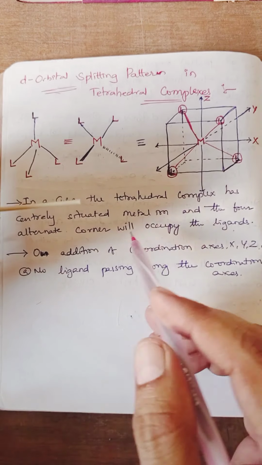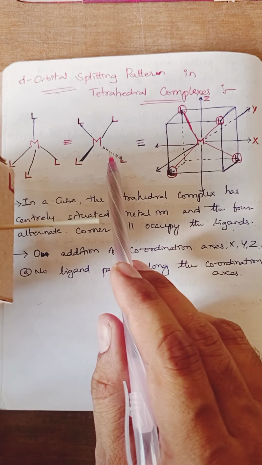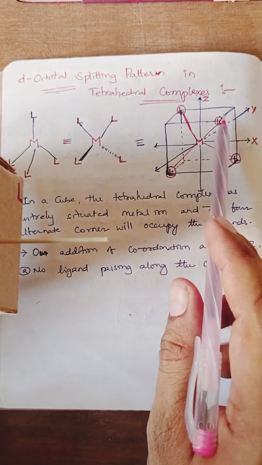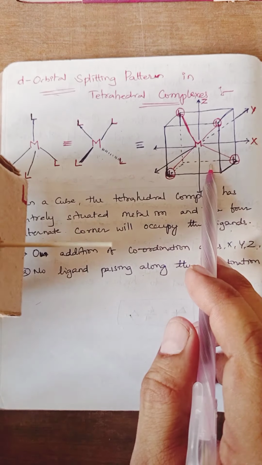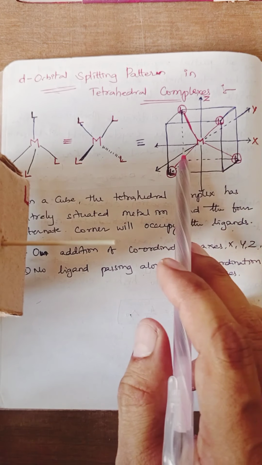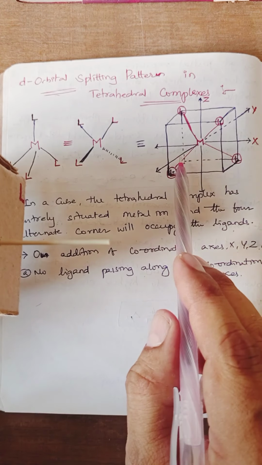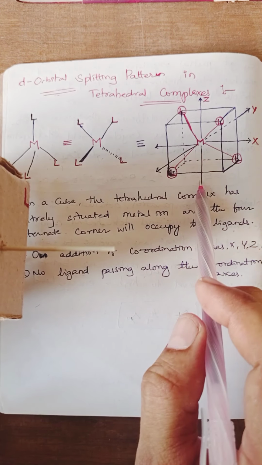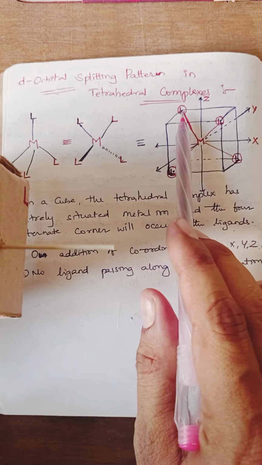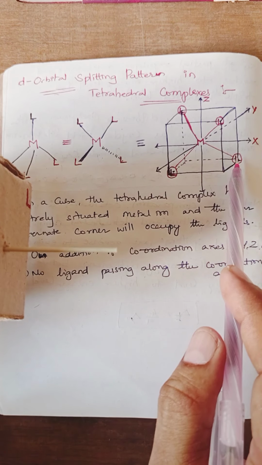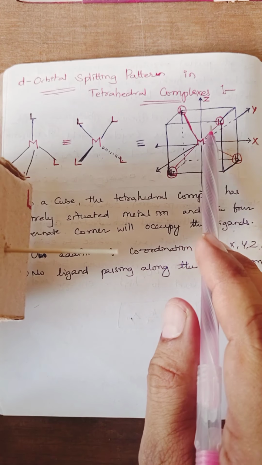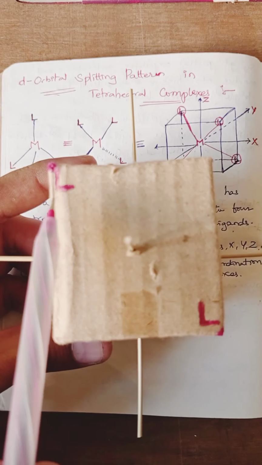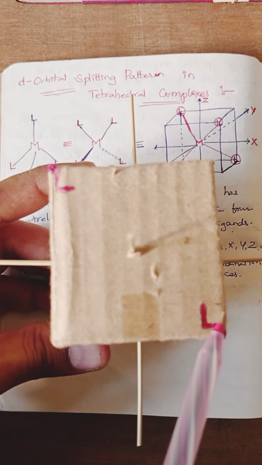In the previous statement we said that when we keep this tetrahedral in a cube, the ligands occupy the alternate corners, right? So when a ligand has to pass through the coordination axis, either the axis has to pass through ligand sites, or along the coordination axis we have to get ligands, right? But we are getting the ligands in alternate corners.